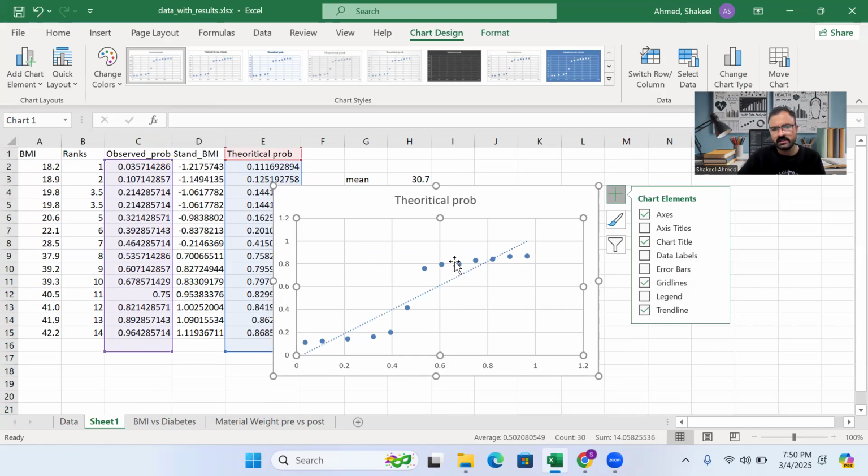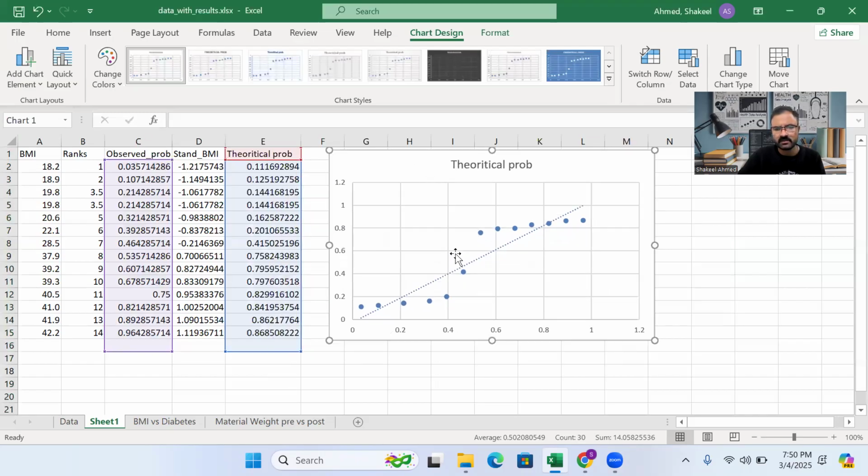So the deviation from this 45-degree line is showing the non-normality of the data. So the data is not normal in this case. So this is just a quantile and quantile plot, or probability and probability plot.